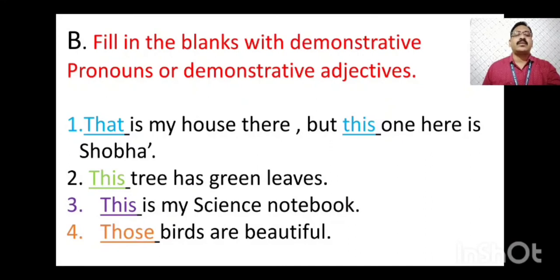Second one, dash tree has green leaves. Answer: this tree is singular, this tree has green leaves. Third one, dash is my science notebook. This is my science notebook. Fourth one, dash birds are beautiful. Birds plural, those birds are beautiful. This is part B.